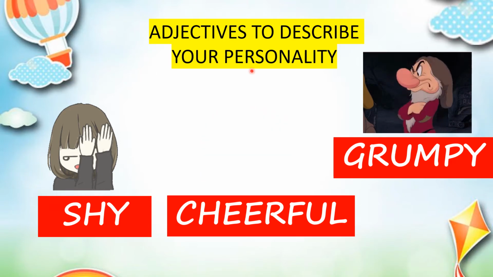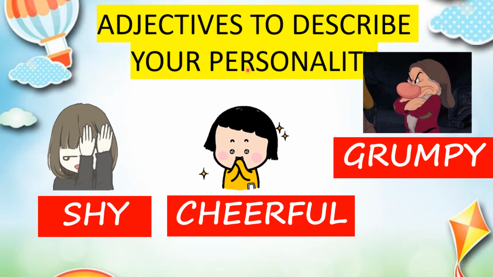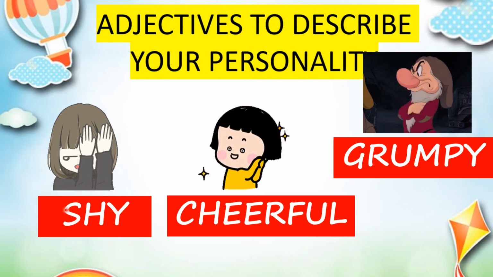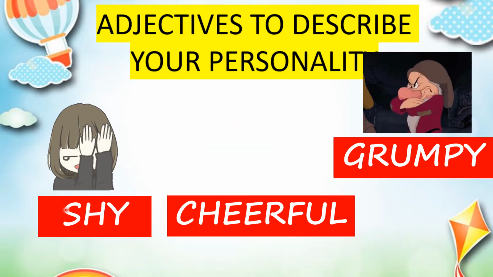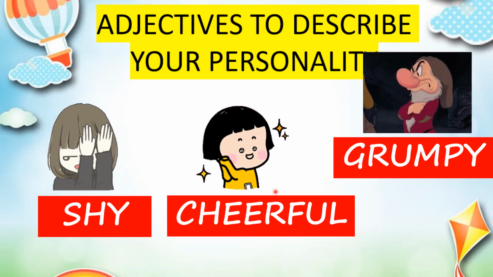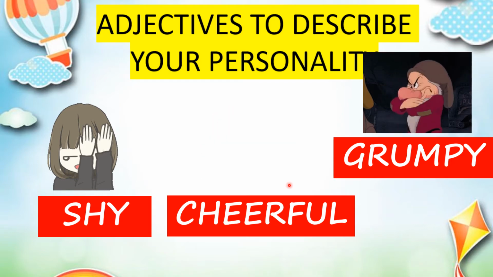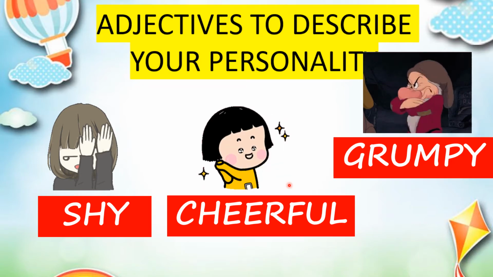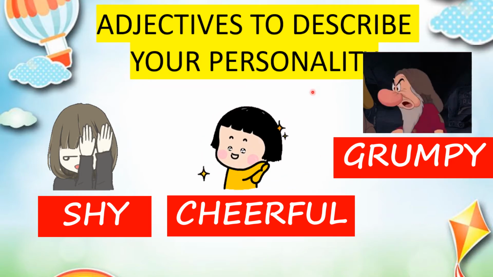So, in this case, if I am describing the personality, I'm going to use the verb to be plus the adjective. And I'm going to say, for example, Mary is shy. Mary is cheerful. Juan is grumpy. In that way, I'm going to build a sentence using verb to be plus adjective.